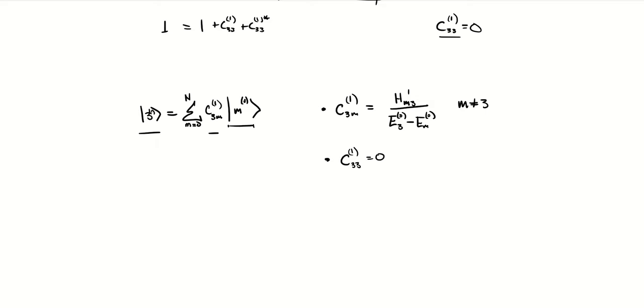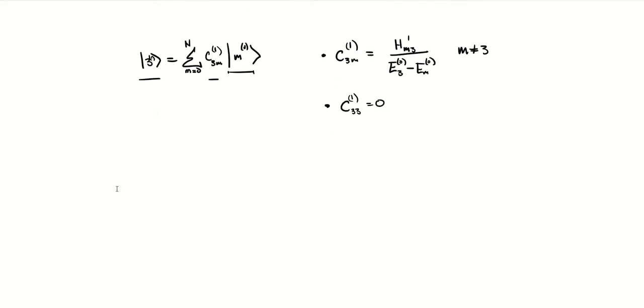We can think about this geometrically in our Hilbert space, right? This C33 term being 0 implies that the corrections to our state are perpendicular to the unperturbed state. You can visualize this. Say I have some unperturbed state vector pointing in some direction in my Hilbert space.